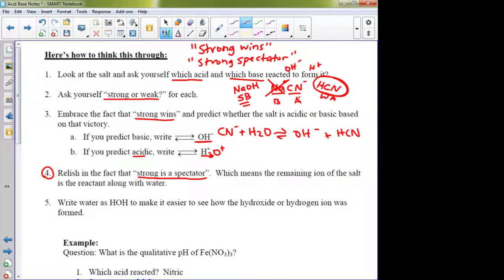You should also be able to look at the equation and figure this out. If I put the CN negative in water, and I ended up with hydroxide as one of my products, that means water had to do what? Donate a hydrogen, right? Where did that hydrogen go? To CN. So I end up with OH negative and HCN. Do we see that? You with me?